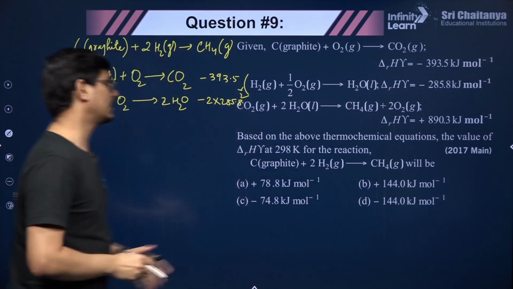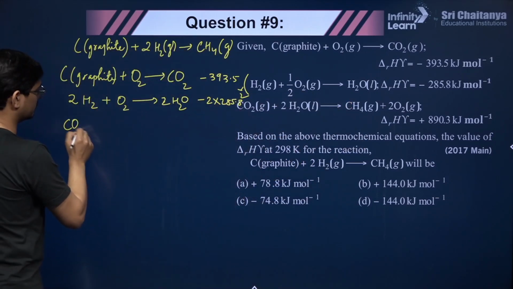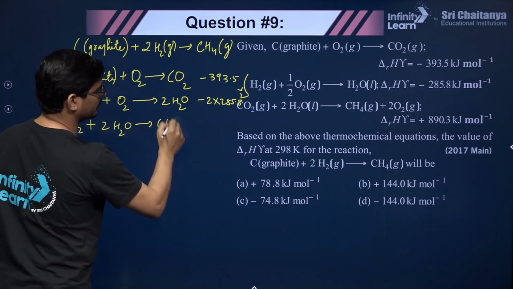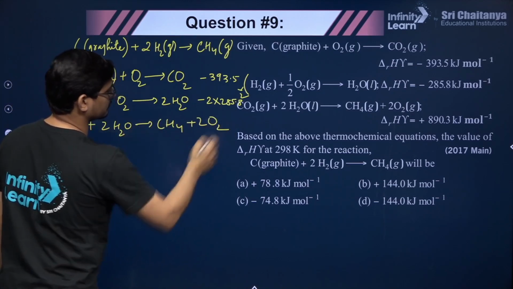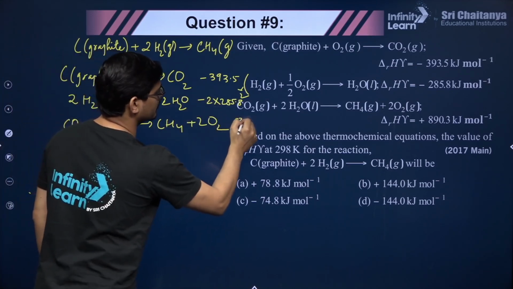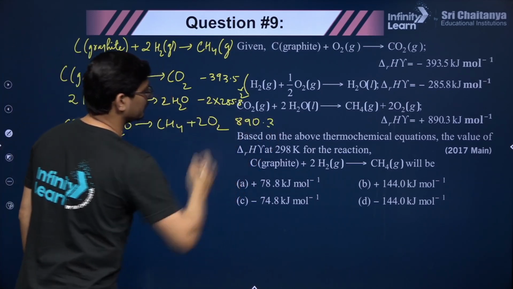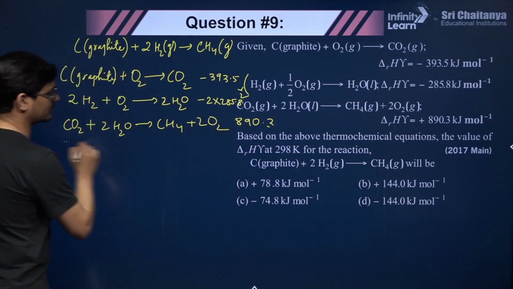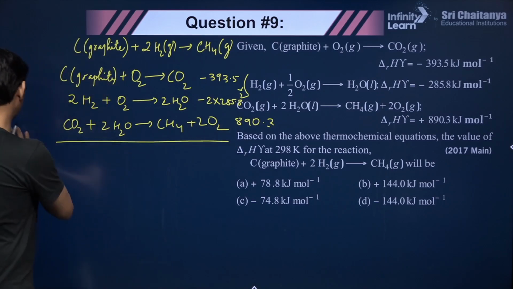I will pick the equation as it is, right? So CO2 plus 2 water, it gives methane and 2 oxygen. Because you have picked the equation as it is, enthalpy change will also be picked up as it is. So 890.3. Now we have formed our entire equation, but for your own satisfaction, you can try to add these.